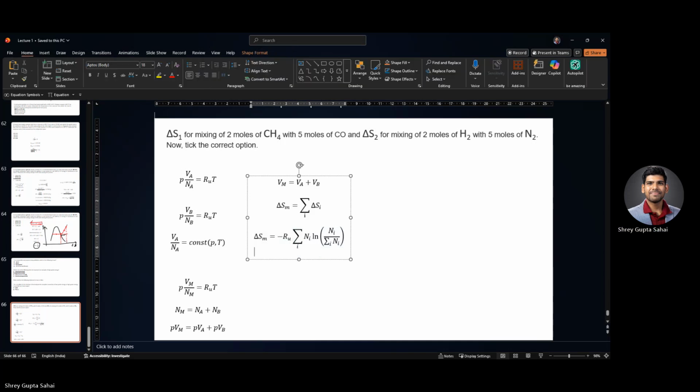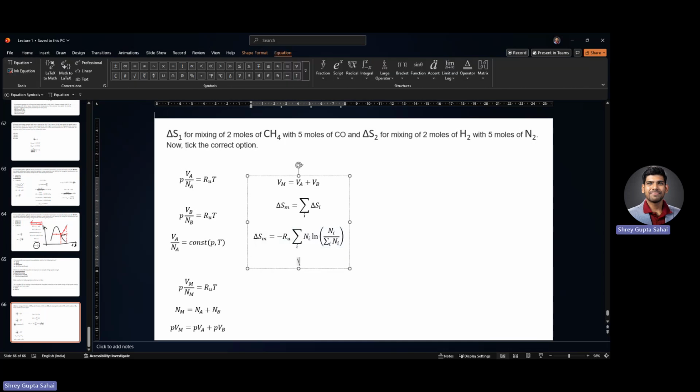Okay, so let's do it from the first case. This will be minus Ru. Then you do sum. What is it? 2 ln 2 divided by 7 plus 5 ln 5 by 7.